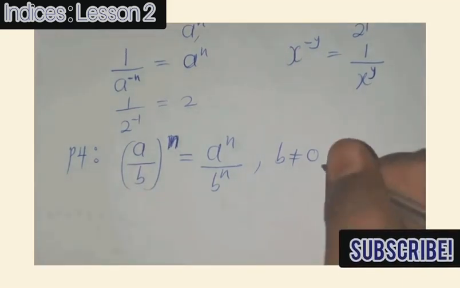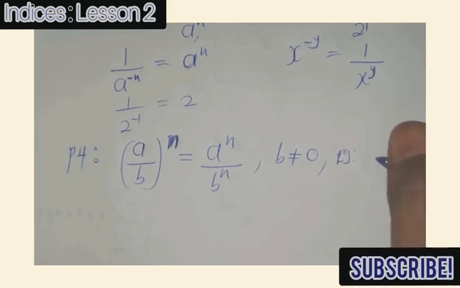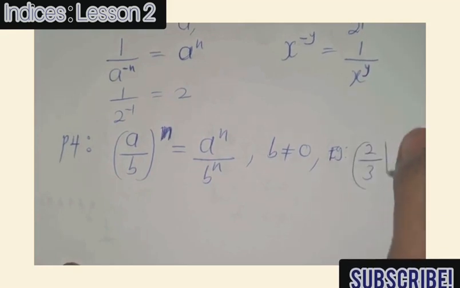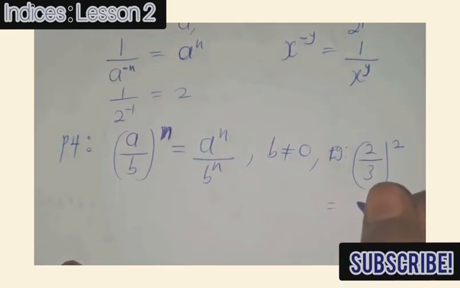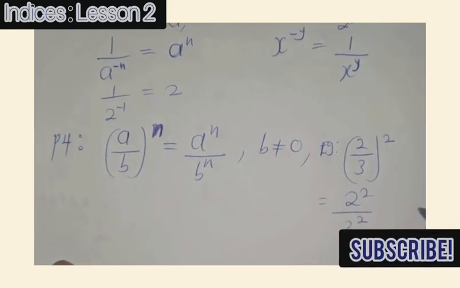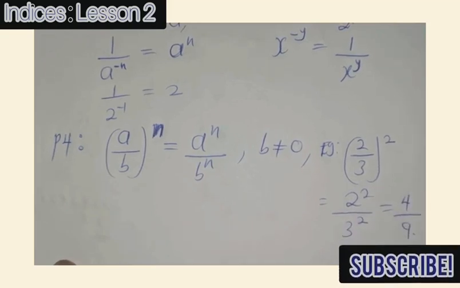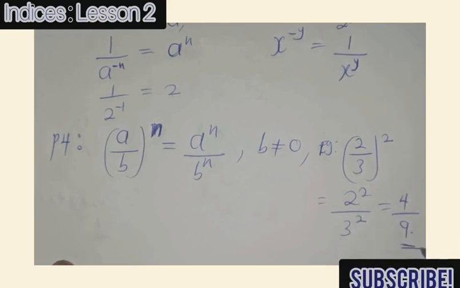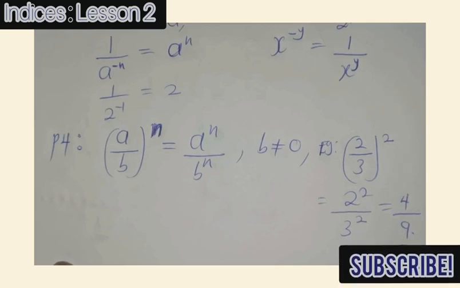So for example, if I have 2 over 3 all raised to the power 2, I can say that it is 2 raised to the power 2 divided by 3 raised to the power 2. Then it becomes 4 divided by 9, and that will be my answer for the day. Alright, so that is property 4 for you.